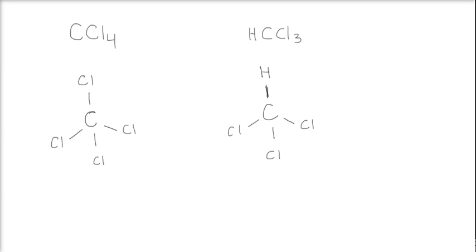In these cases, if you're unsure about which atom is more electronegative than the other, you'll simply have to look up the values for it to tell you correctly which atom is actually more electronegative. So if we look it up, we see that chlorine is more electronegative. So all the arrows for the bond polarities between carbon and chlorine are all going to point away from the carbon and towards the chlorine atoms in both of these cases.